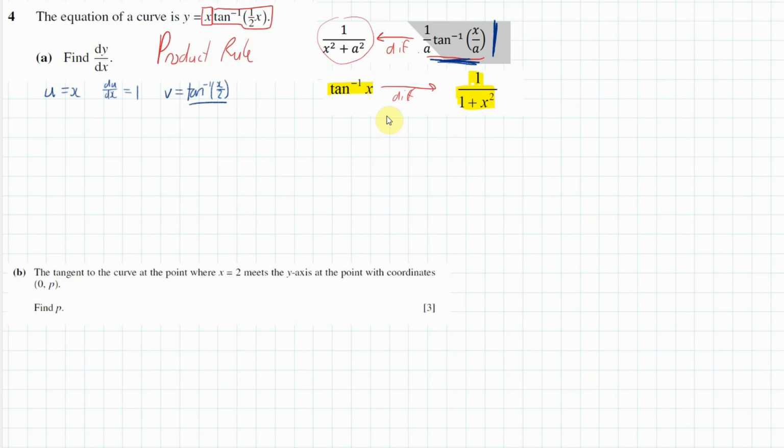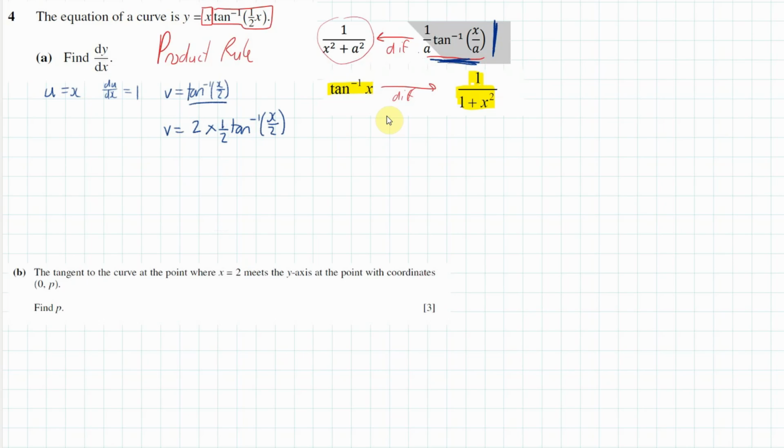So I'm going to say v is equal to 2 times 1 over 2 inverse tan x over 2. Now, I hope you can see what I've done. It's exactly the same, except I've written it so that I've got this 1 over a here, and to make up for the fact that I've added that on where it wasn't existing in the first place, I've got this times by 2. Okay, so that's all I've done.